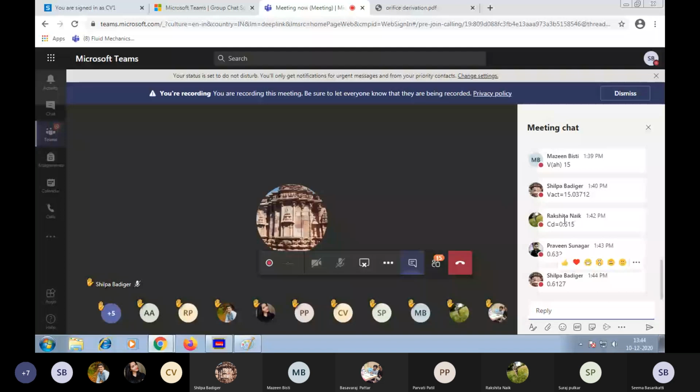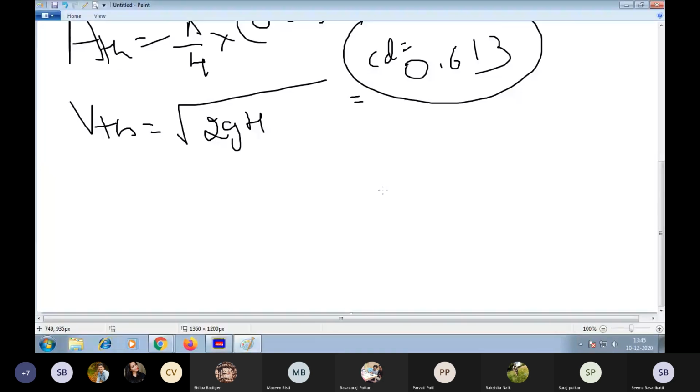So take another problem for assignment. Similar problem, only the data is going to be changed. Here, the diameter is given as 20 mm and head is 1 meter.